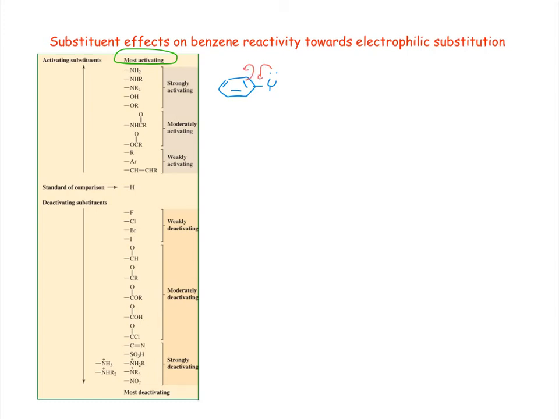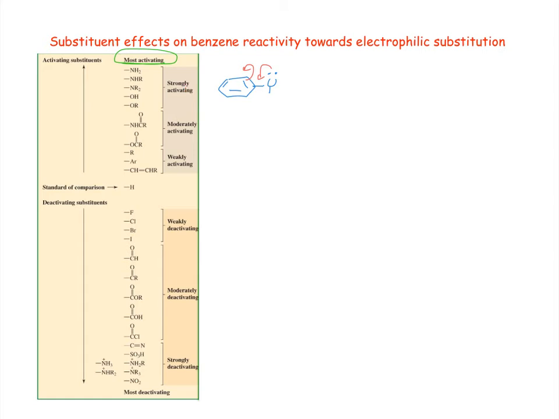Notice these include amines, whether there's 2, 1, or 0 hydrogens on them, it doesn't matter so much, or alcohols or ethers. All of these are listed as being strongly activating.